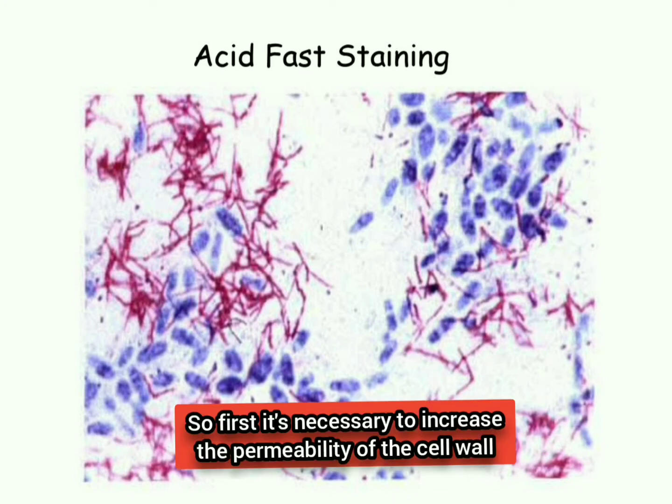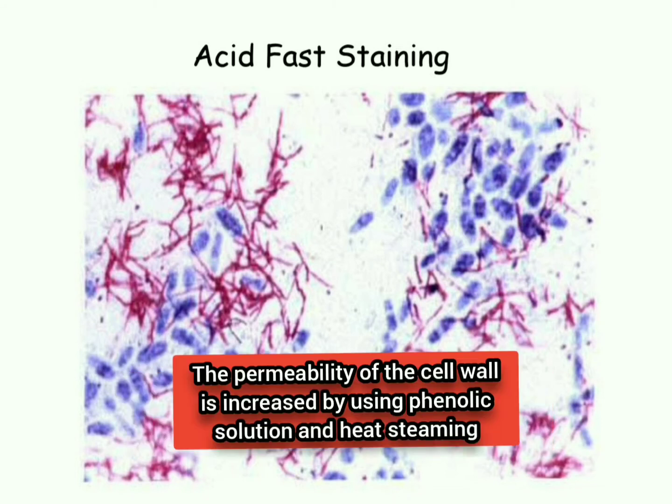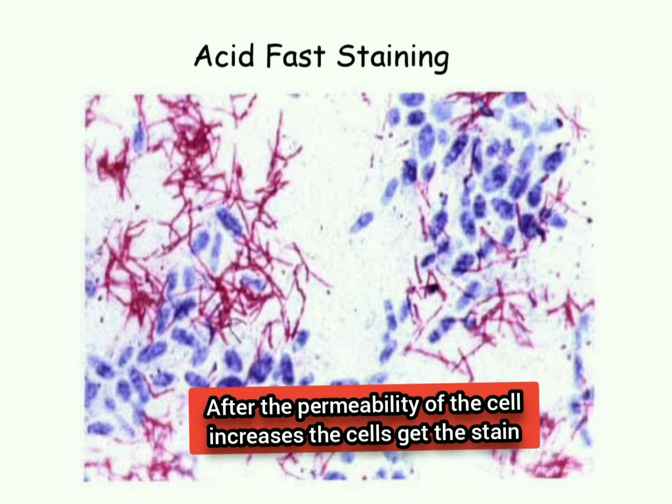So first it is necessary to increase the permeability of the cell wall, so the stain can easily penetrate the cell. The permeability of the cell wall is increased by using phenolic solution and steaming. After the permeability of the cell increases, the cells get the stain.